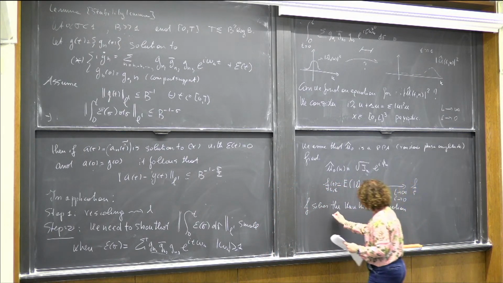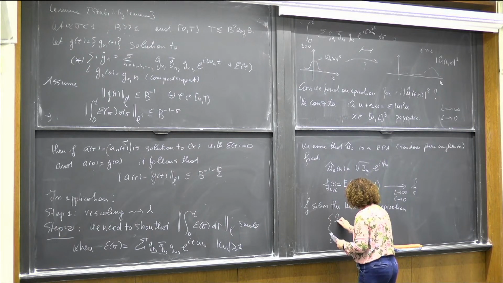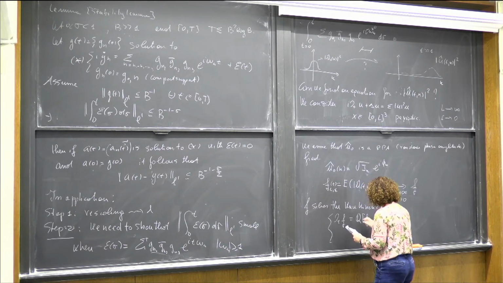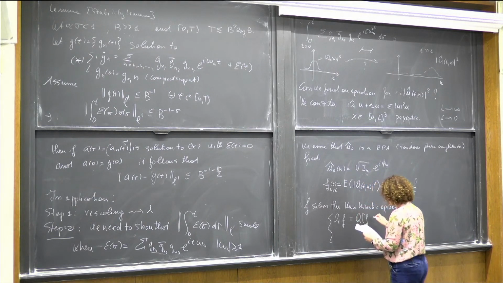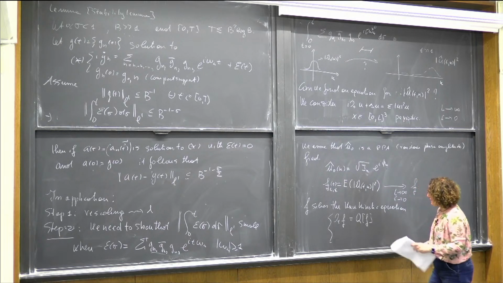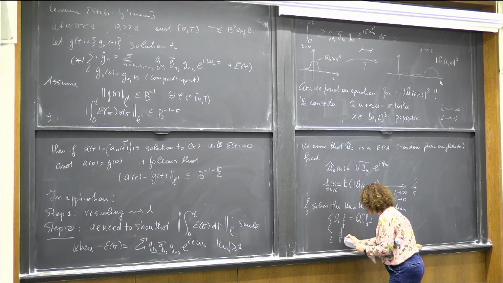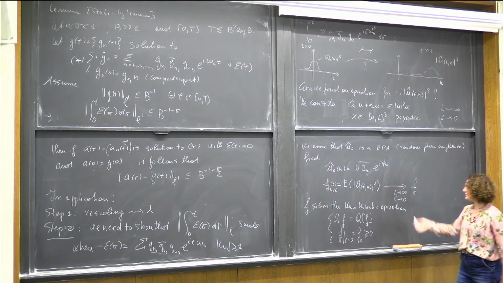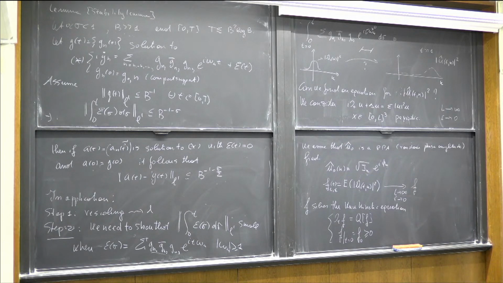The equation is dTF equals QF, and F at 0 is some F0. By the way, these are positive, obviously, not negative, because they come from the expectation of something positive.